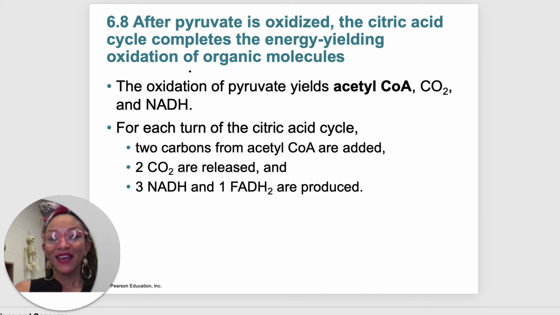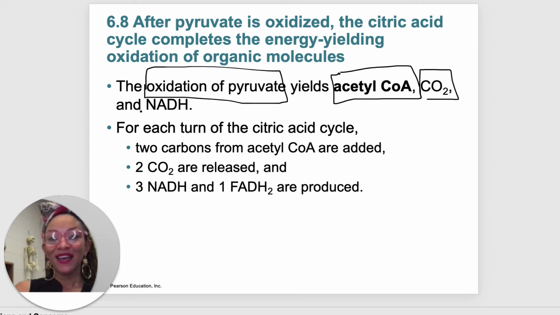So after our pyruvate is oxidized, the citric acid cycle completes the energy yielding oxidation of organic molecules. And all that to say, the oxidation of pyruvate during our preparatory reaction produces something called acetyl-CoA. And that's going to feed into the citric acid cycle. It releases carbon dioxide, and then we get formation of NADH.